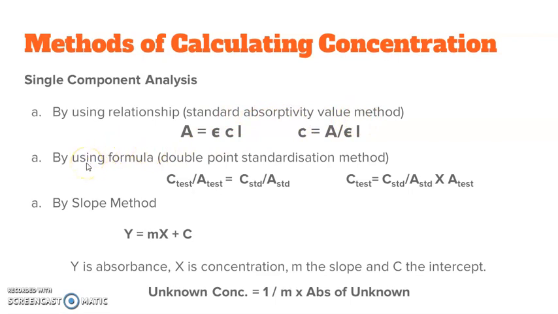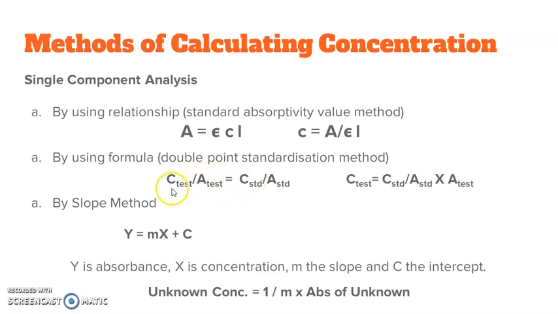Now the second method, where we calculate the single component quantitatively, is by using a formula. We also call it the double point standardization method. We have this formula: C test by A test is equal to C standard by A standard. C is the concentration, A is the absorbance.